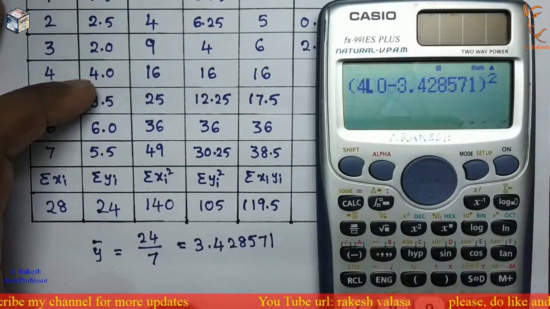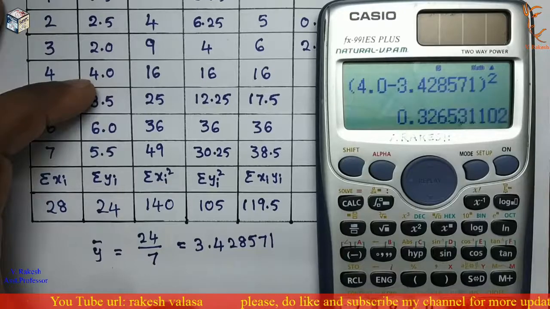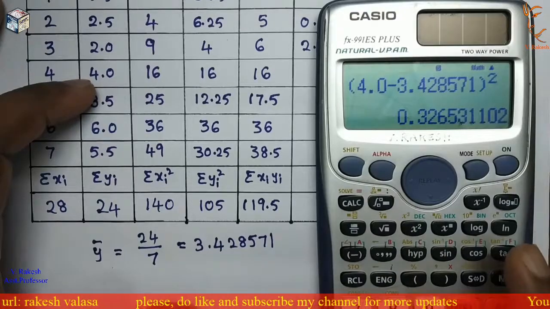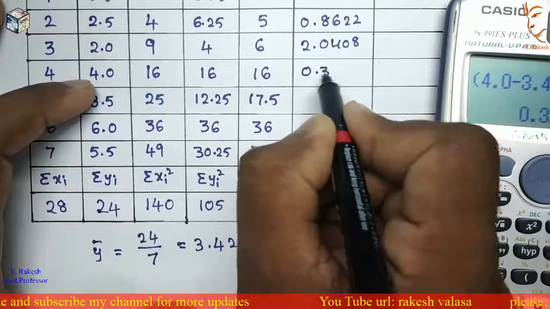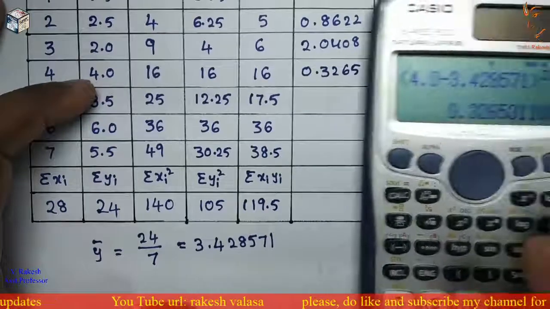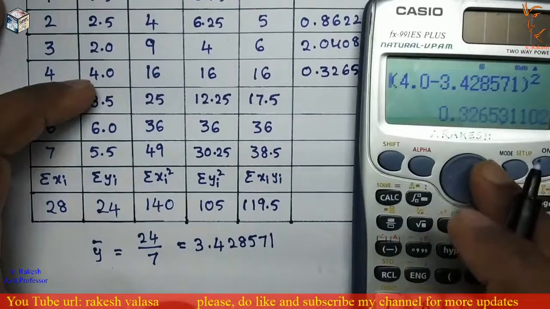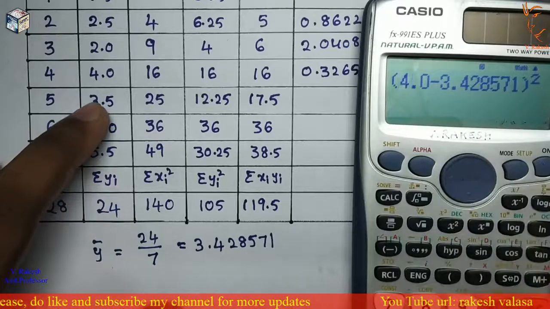Next one is 4 minus y bar whole square. Answer is 0.3265. Next one is 3.5.